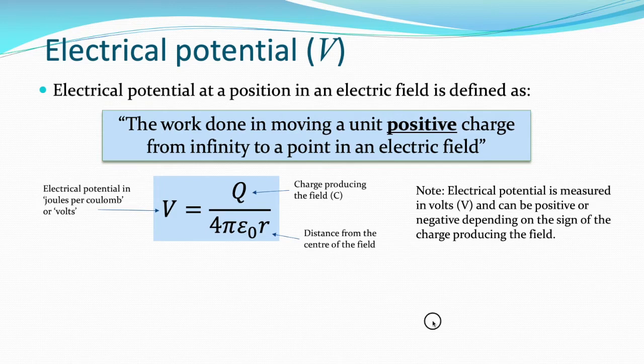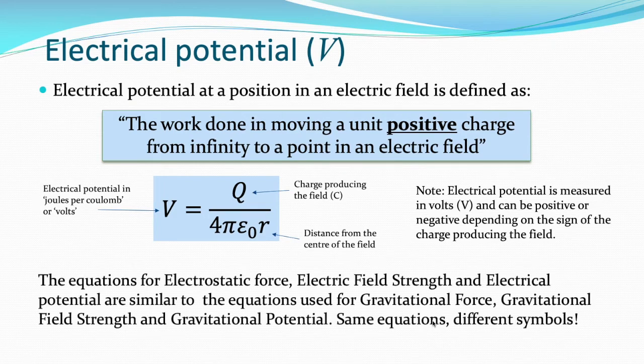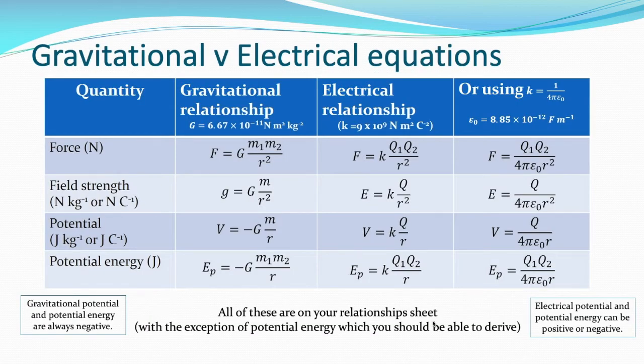Now, the equations for electrostatic force, electric field strength and electrical potential are very similar to the equations you've already met for gravitational force, field strength and gravitational potential. It's the same equations, but with different quantities and different symbols in them. Here's a table with all those relationships in it. Now, it looks pretty frightening, but just to see the similarities between the relationships on each row, the first row are the force equations.